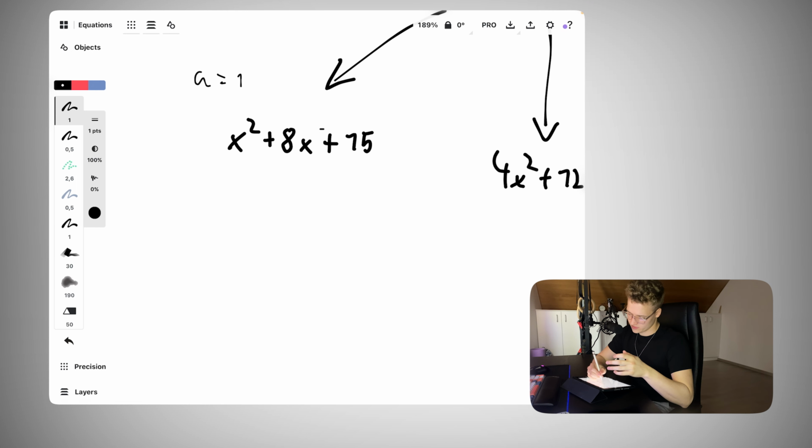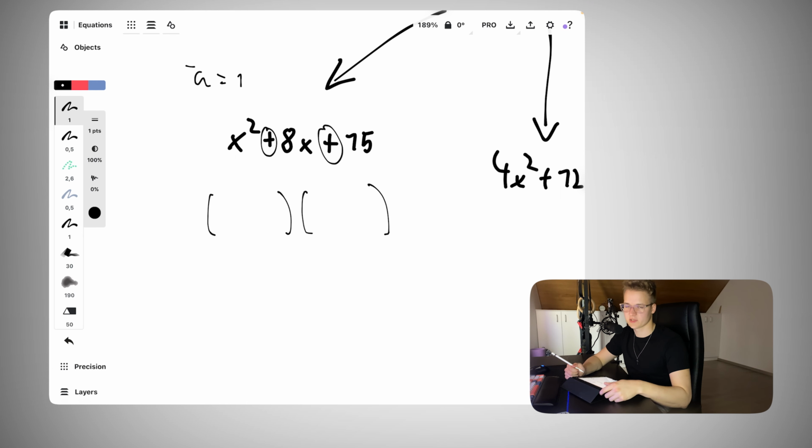So if we look at this one, we have a positive sign here and a positive sign here. We're always going to start with the same first step. We're going to write two parentheses, one next to the other, and the first term is x in both, and this a equals 1 is the one that I'm talking about.